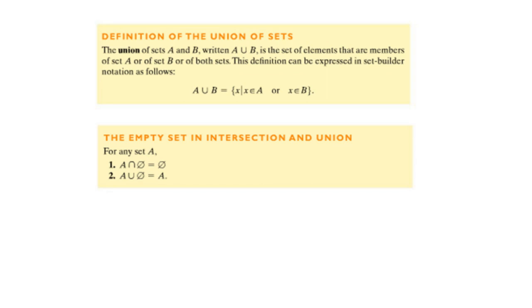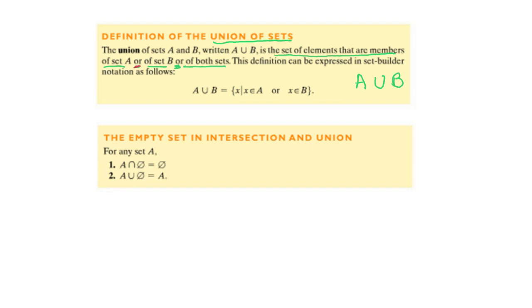A further definition is the union of sets. We talked about intersection. Now we're looking at the union of sets. So the union of set A and B will look like this: A with a U for union, B. A union B is the set of elements that are members of set A or of set B or of both.